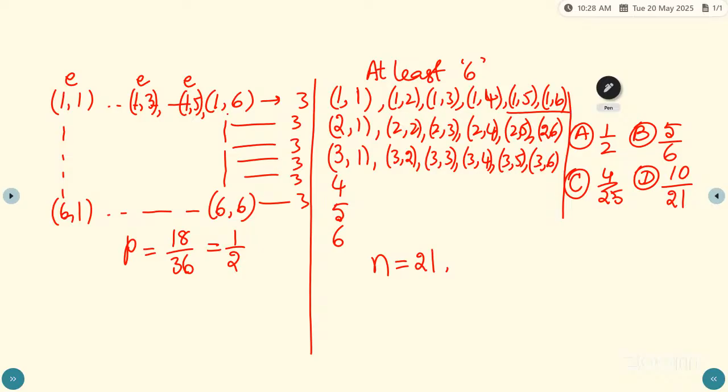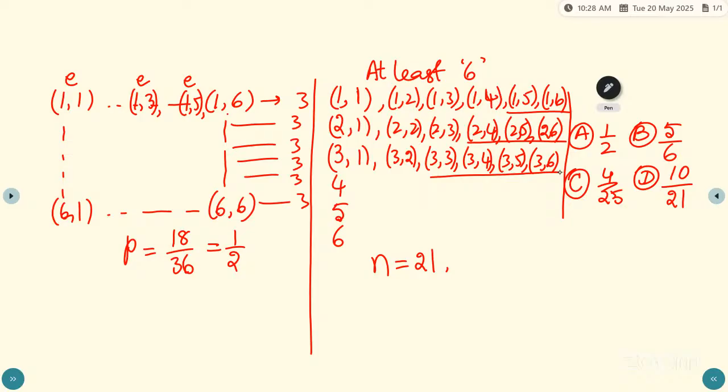Here 2, 4, 2, 5, 2, 6: 2, 4 means 6, 2, 5 is 7, 2, 6 is 8. Next, 3, 3, 3, 4, 3, 5, 3, 6. So far, 1, 2, 3, 4, 5, 6, 7, 8, 9.